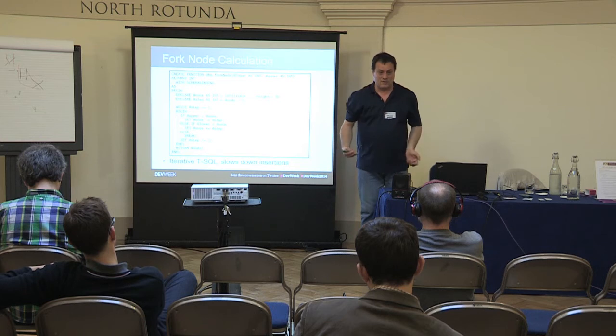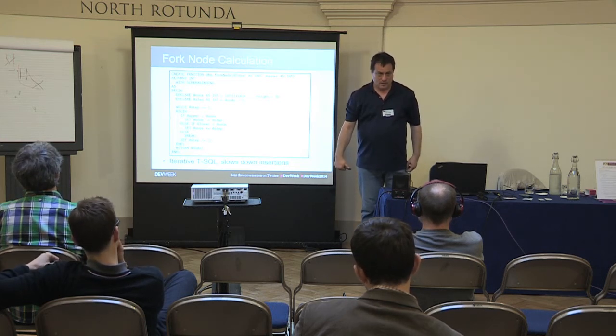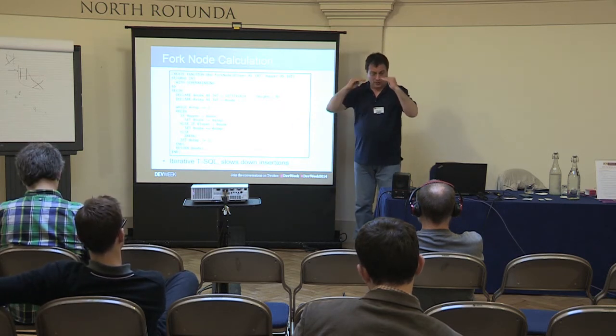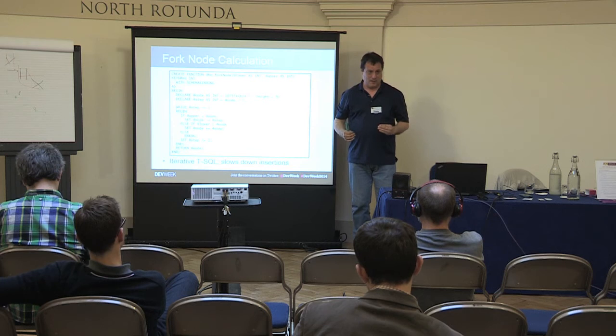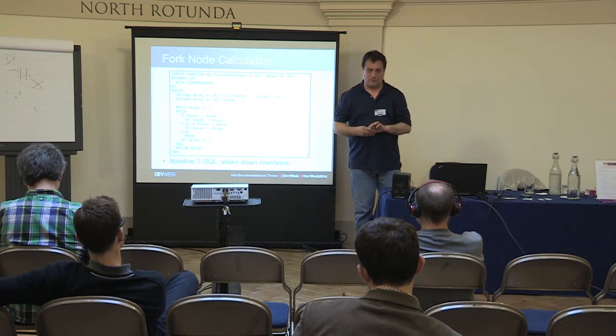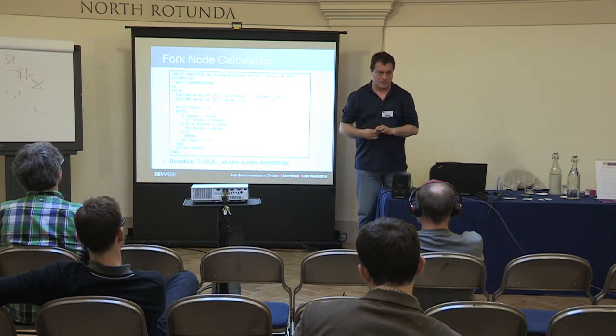Wow, now it's not covered anymore, I found the minimal fork node. So you repeat this calculation 30 levels maximally for every single row. Okay? And Transact SQL is not the fastest language for loops. It's not intended for this kind of calculation.